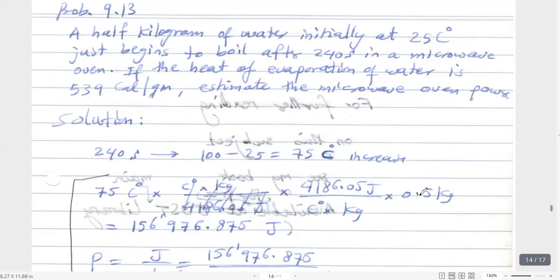Another problem here: a half kilogram of water initially at 25 centigrade just begins to boil after 240 seconds, which is 4 minutes, in a microwave oven. The heat of evaporation of water is 539 calorie per gram. Estimate the microwave oven power.